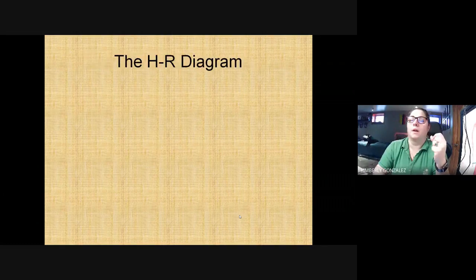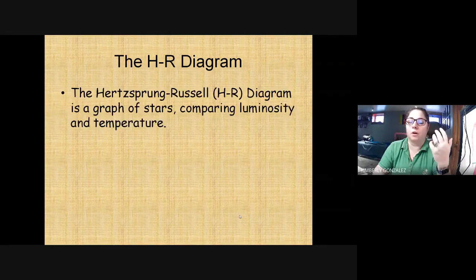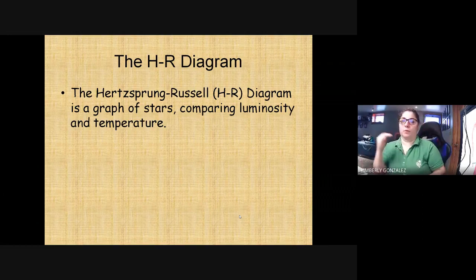Okay, so there's this thing called the Hertzsprung-Russell diagram. On your reference table, it's page 15, where it says the characteristics of stars, the one we were talking about yesterday. It graphs the stars in comparison to our sun. So this is going to compare how bright they are, or the luminosity, and the temperature, which is going to give me the color.